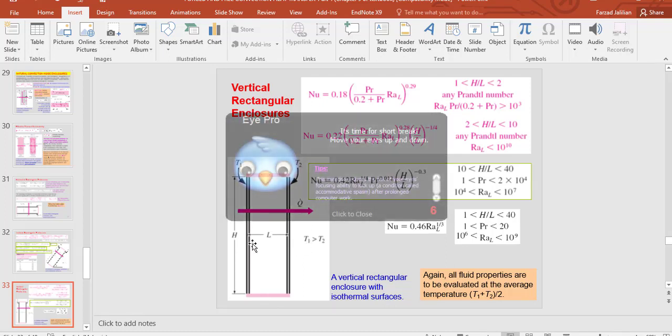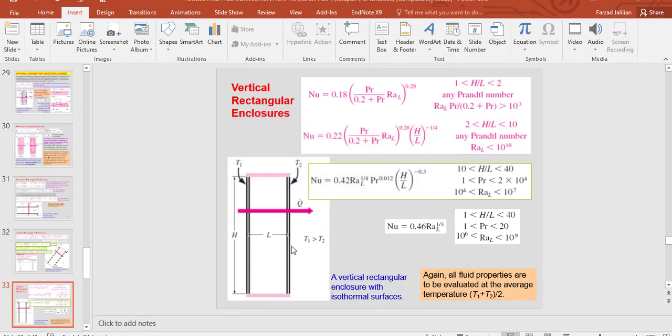Again, the distance between two surfaces with different temperatures is L, and normal to that L we have H, and also T1 is higher than T2. So we will have a convection heat transfer in this direction.